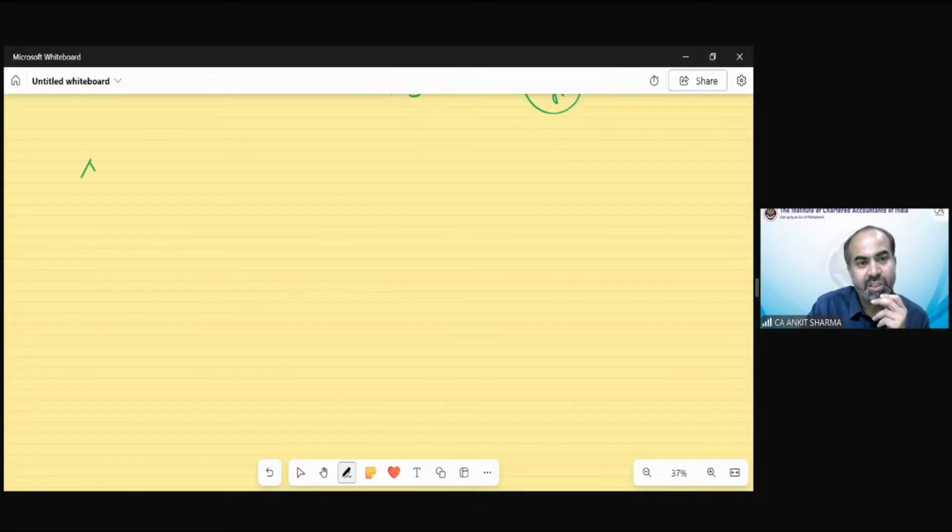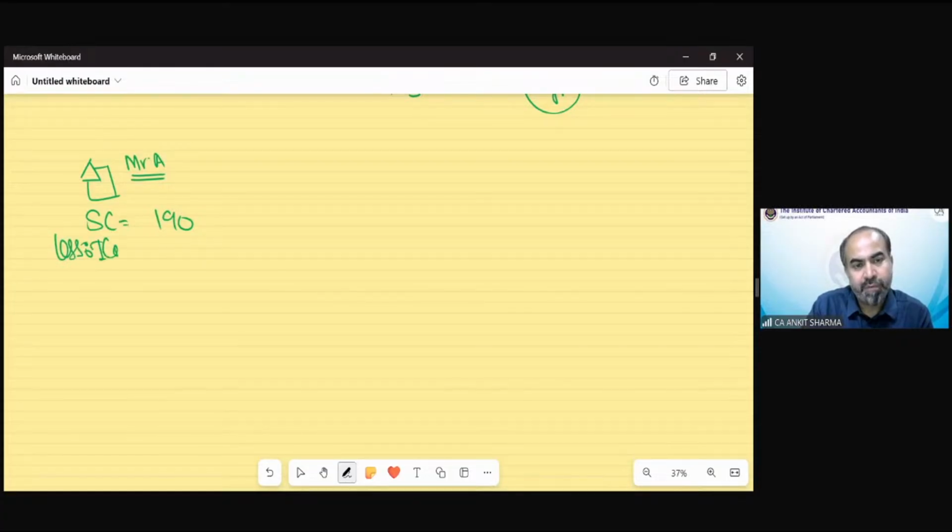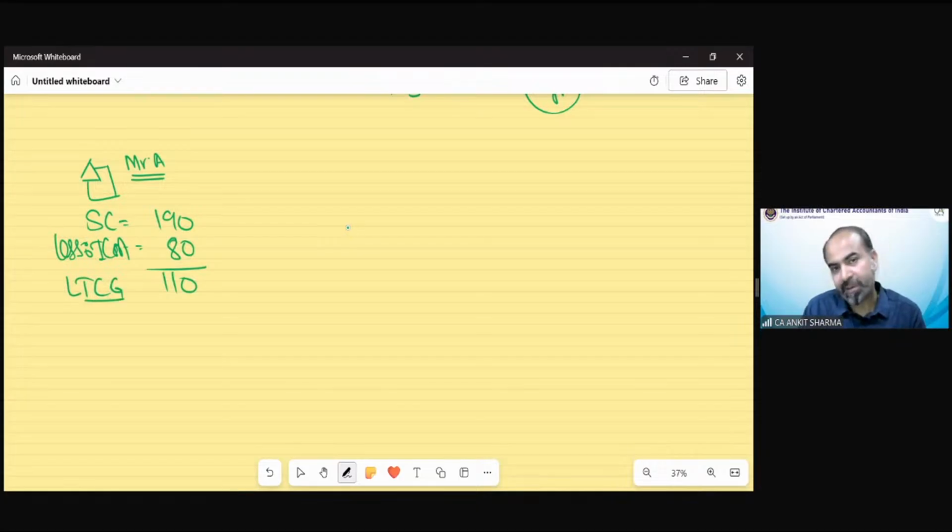Suppose there is a residential house. Mr. A owned it. The sale consideration is suppose 190 lakh, less indexed cost of acquisition, suppose 80 lakh. So the long-term gain is 110 lakh.